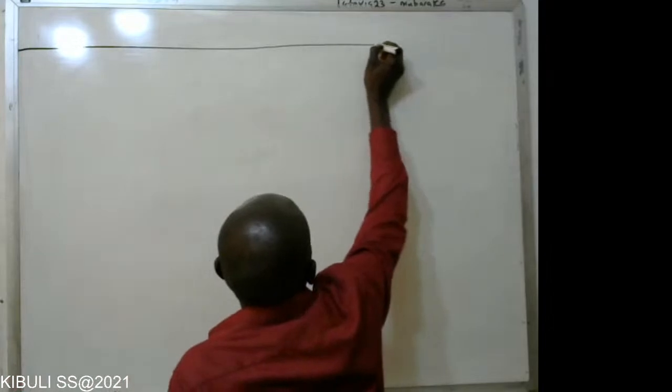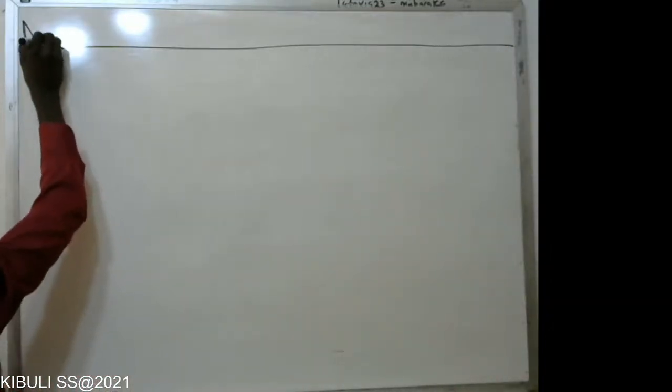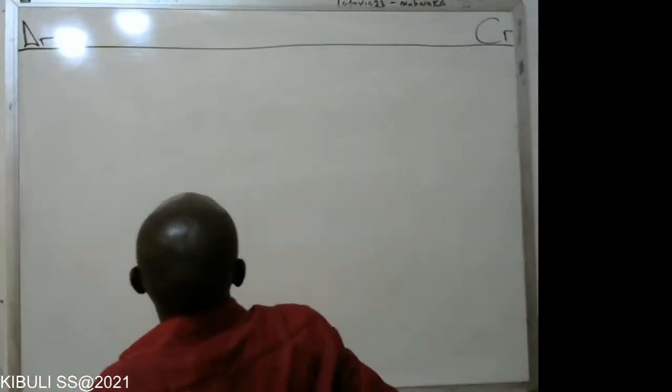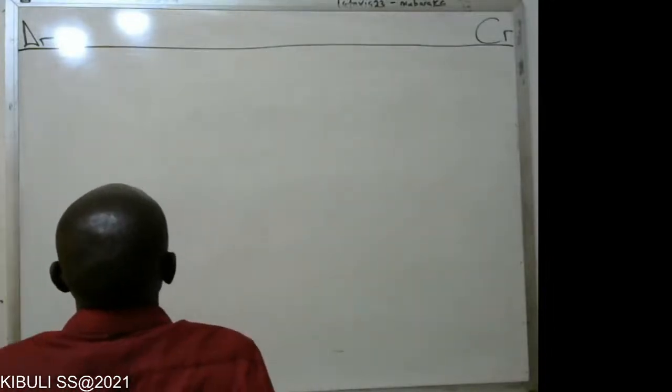If this is our 3-column cash book, you have your debit side, you have your credit side. On top you have the name of the business and title, everything.